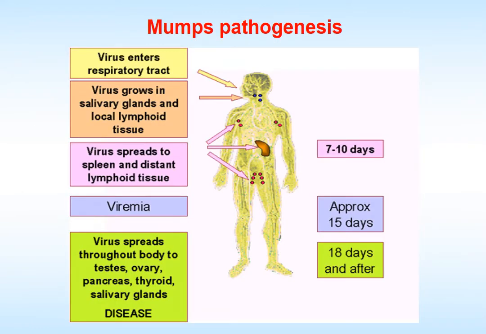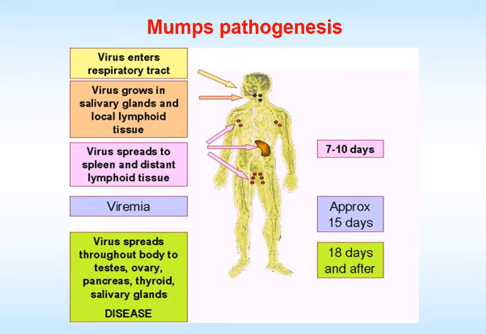And pathogenesis in periods and timing of these periods. Virus enters the respiratory tract. After that, virus grows in salivary glands and local lymphoid tissue, and after that, virus spreads to spleen and distant lymphoid tissue, and after 17 days can get to blood, and we are speaking about the period of viremia.